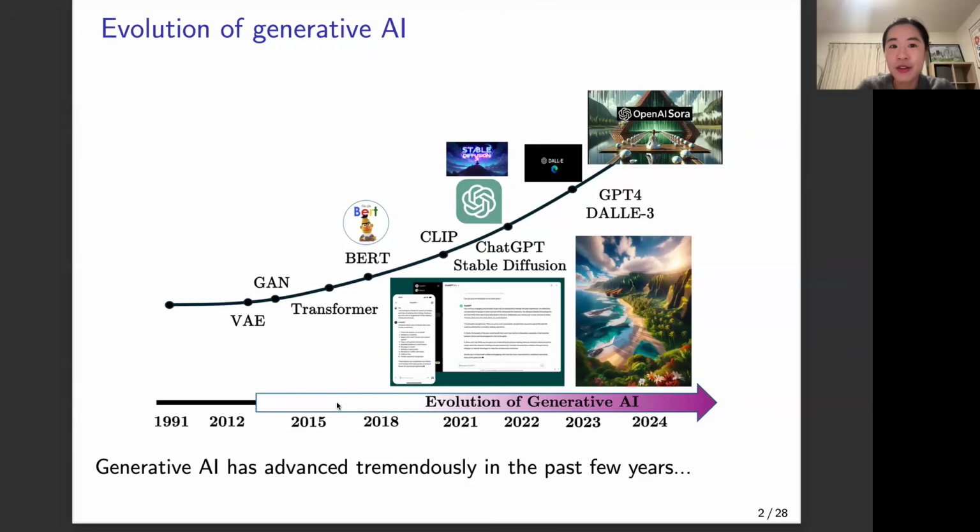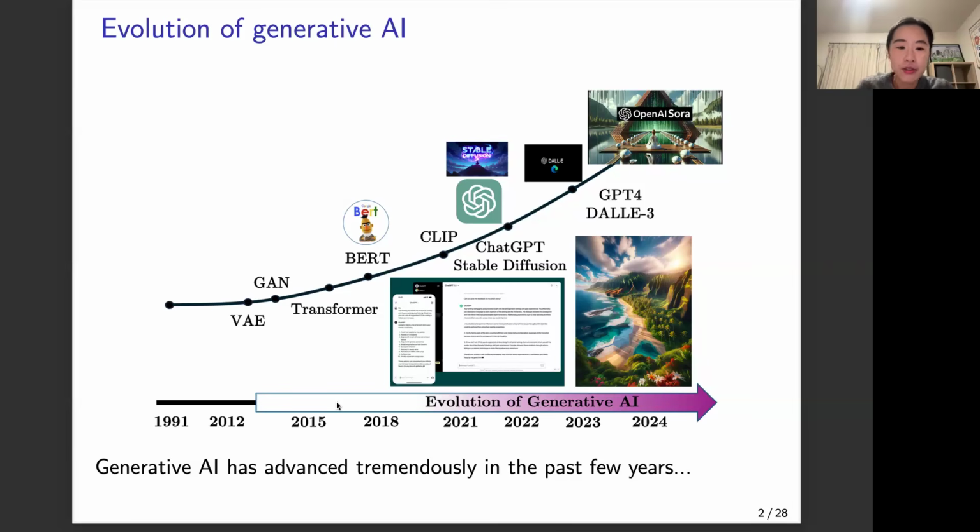Let's take a look at the evolution of generative AI first. If we look at the history of all the architectures we heard a lot about recently, the history is actually not very long. The first noticeable architecture, the variational autoencoder, was proposed around 13 years ago, in 2012. And then the generative adversarial network attracted a lot of attention due to its powerful performance in generating high quality images.